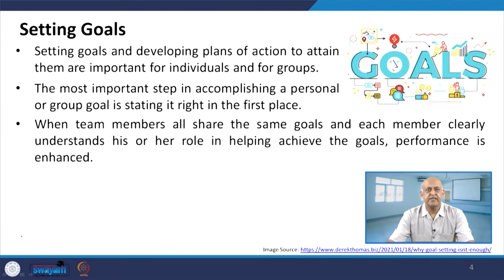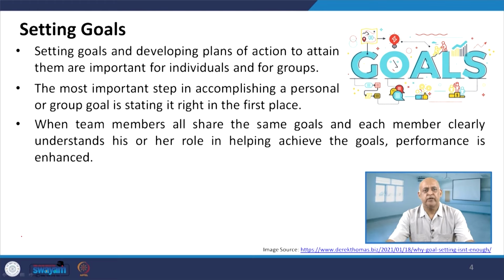For this purpose, setting goals and developing plans of action are important for individuals and for groups. As we know, the whole organization is working for a particular vision, and that vision has to be matched with the objectives, then the goals, then the strategies, policies, procedures, rules.